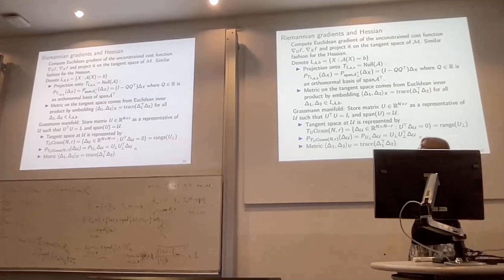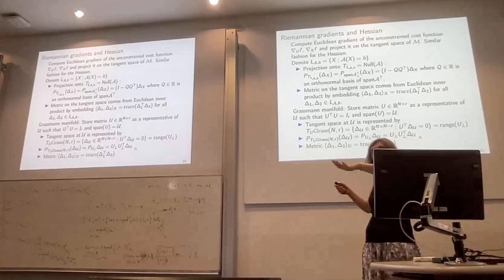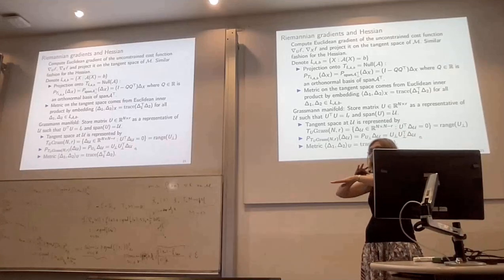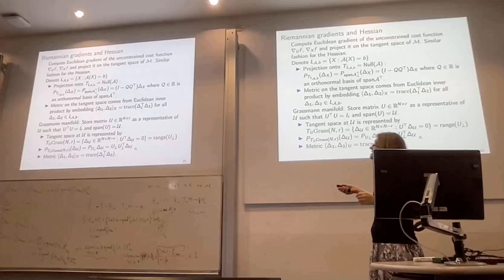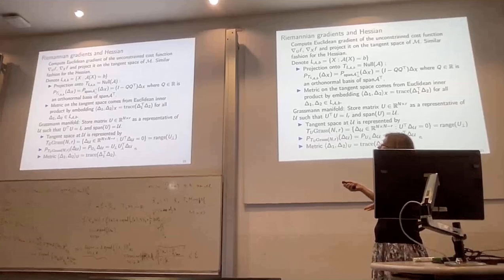X has to do with my linear subspace of measurement, and U has to do with how I'm trying to project phi of X onto this low-dimensional subspace. So I'm trying to find X and U. Projecting onto A is trivial: I have to project onto the null space, find a basis of the null space, do QR on A, and we find it.